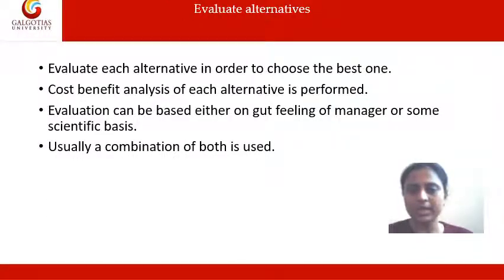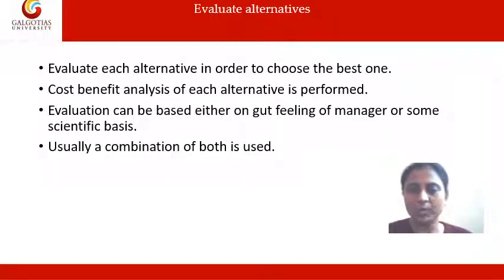Now, after the identification of alternatives, the next task for the manager is to evaluate each of these alternatives so that the best one can be chosen. Each alternative will be looked at for its advantages, disadvantages, as well as the cost and benefit associated with each option.